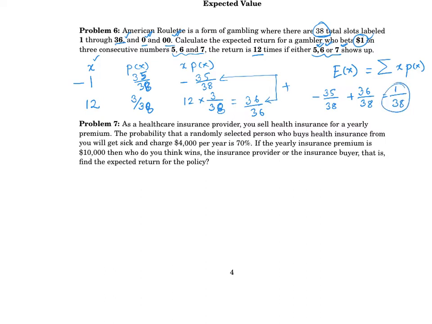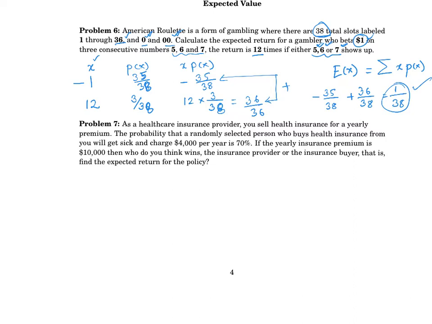By the way, I just made this problem up so that expected return is positive in your favor, but in reality this will be an expected return for the house. Your expected return as a player is always negative, meaning you lose money. This is just an artificial problem that I just created, but it reflects the reality. So no worries. The main concept is to make sure that you understand the expected value scenario.